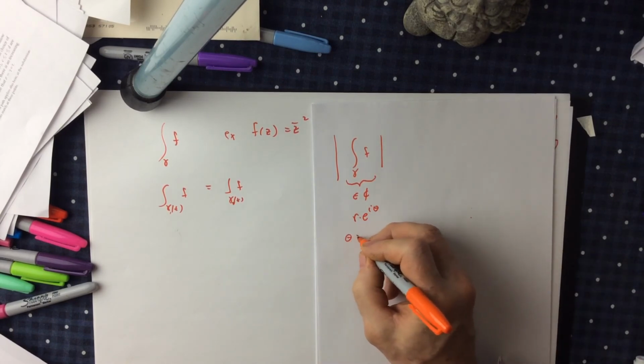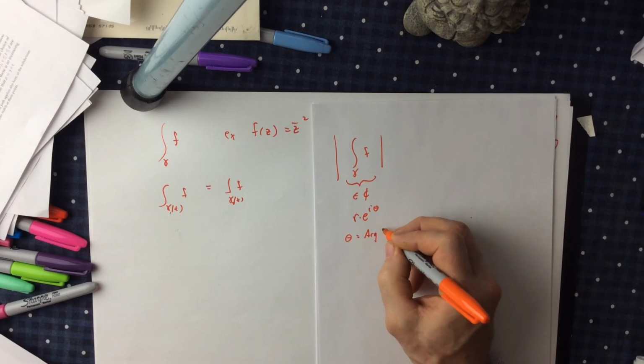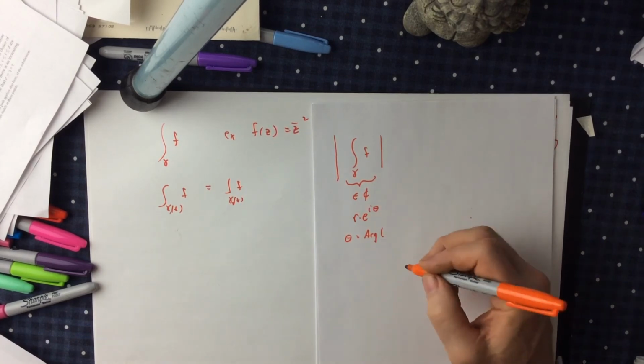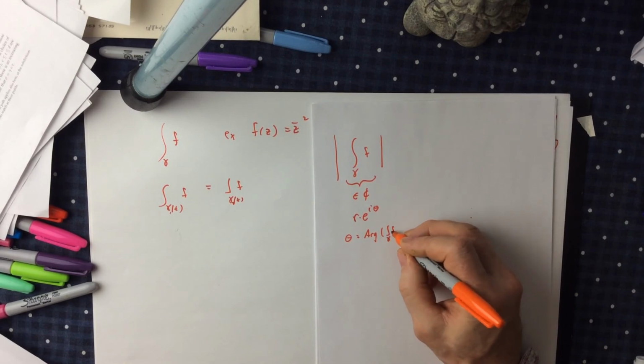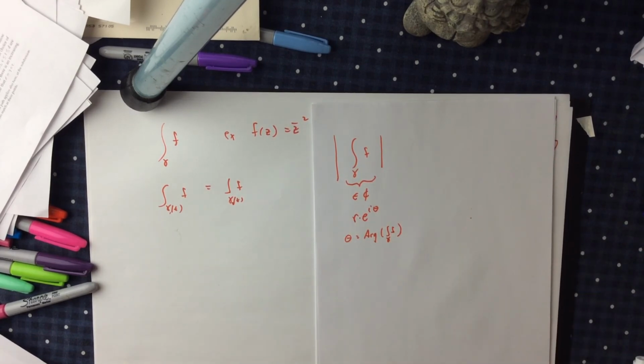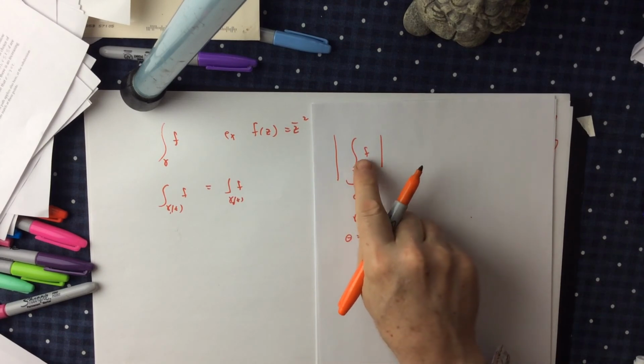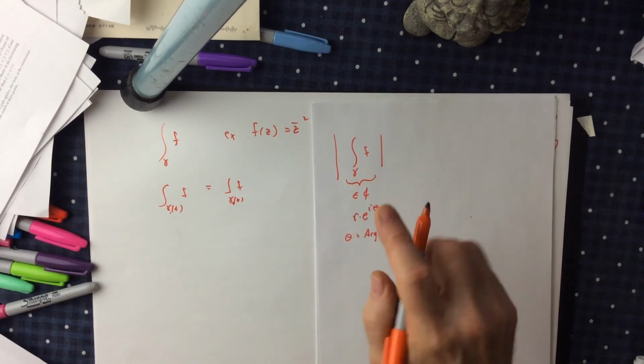And theta is officially the argument of that big answer, the argument of the complex number called the integral of f over gamma. Well, that is the r then.